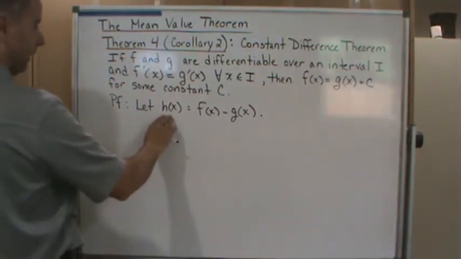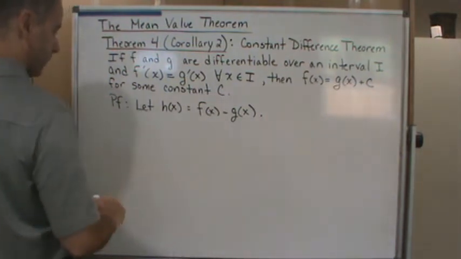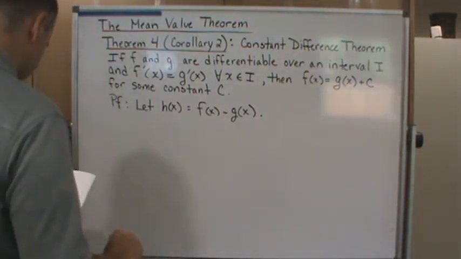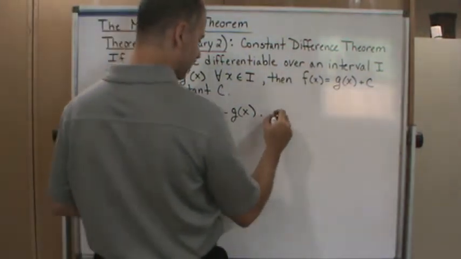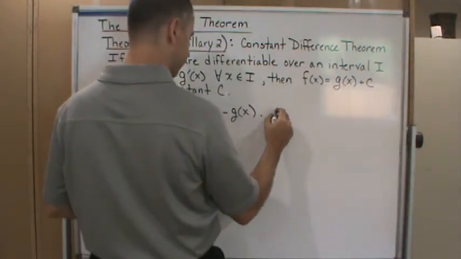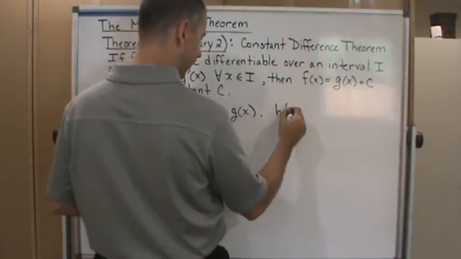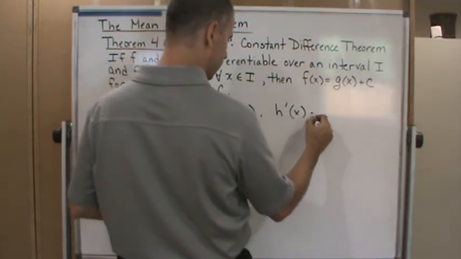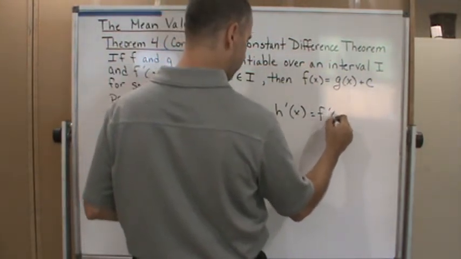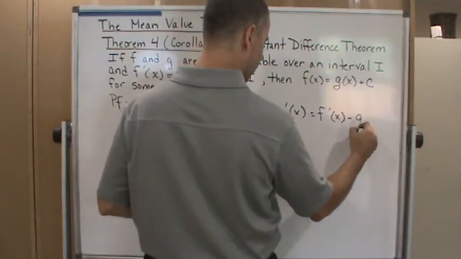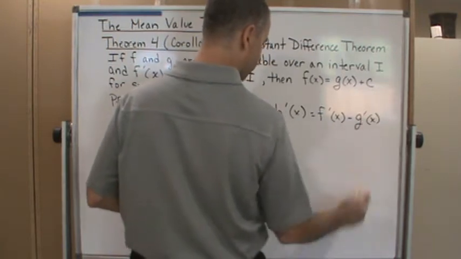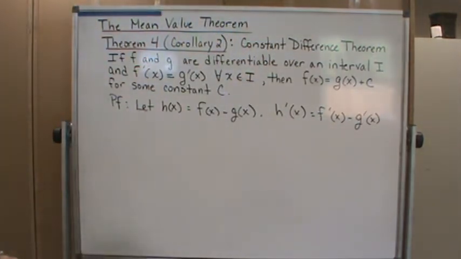So if we define h of x as the difference between these two, then what we get is h prime of x is equal to f prime of x minus g prime of x. Since they're both differentiable, we can do that.